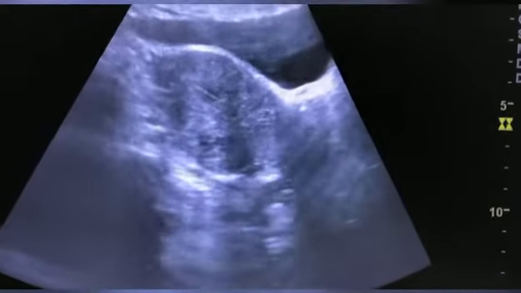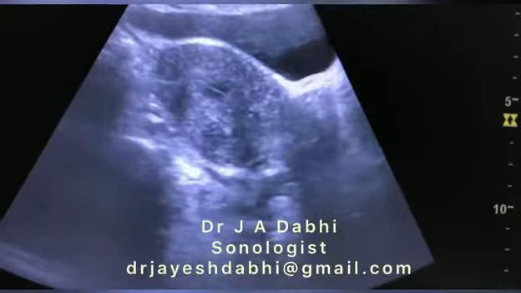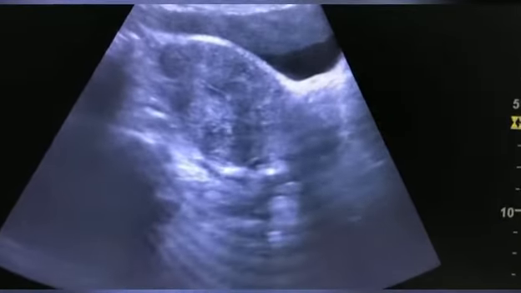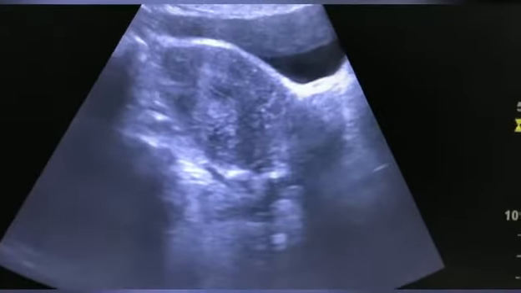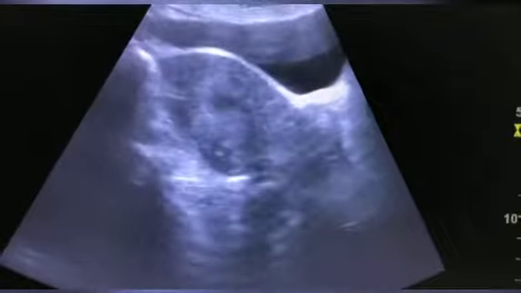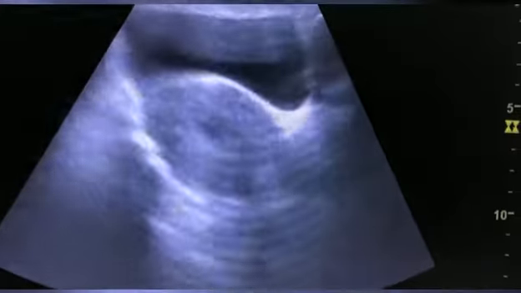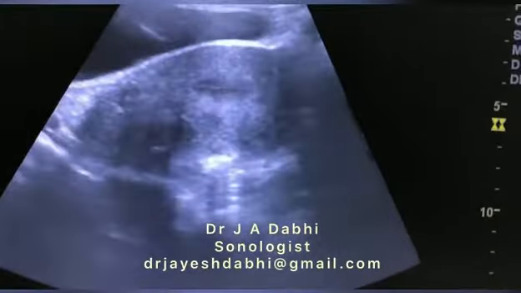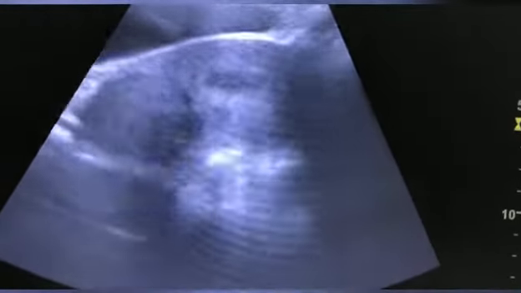Okay, so there is one small fibroid in the posterior wall near the cervix. We had just tilted the probe and we are able to see it. So it may be intramural, maybe occupying a major part of the uterine wall.